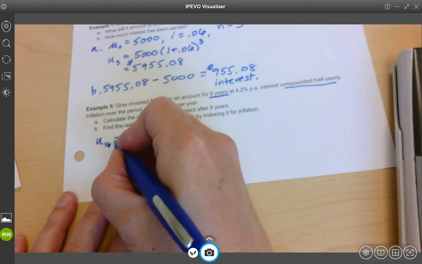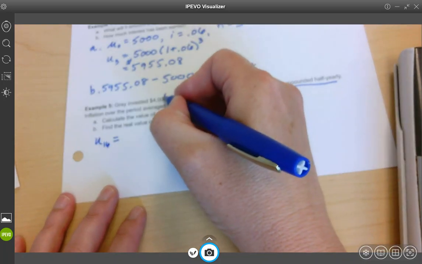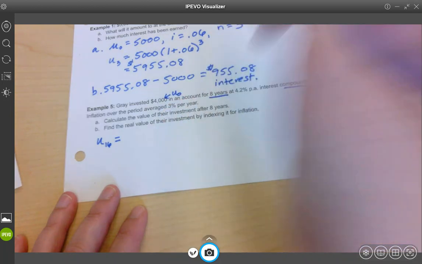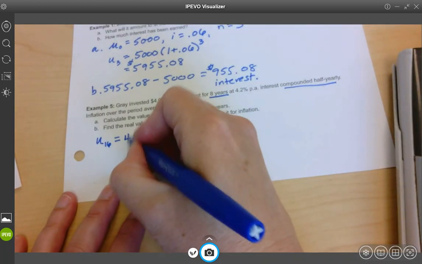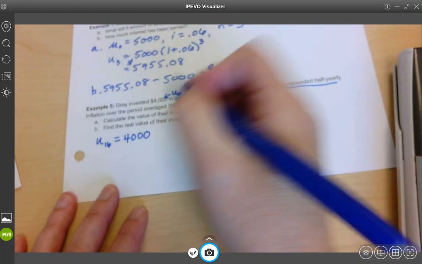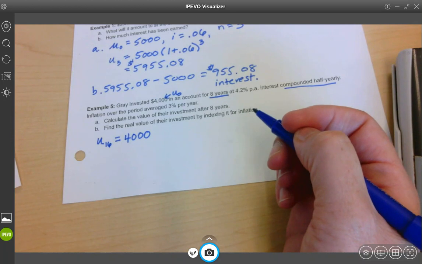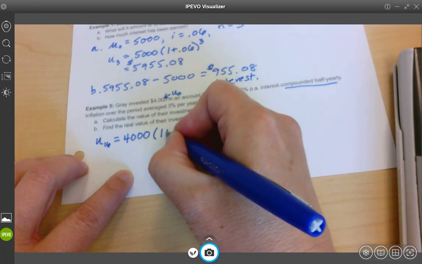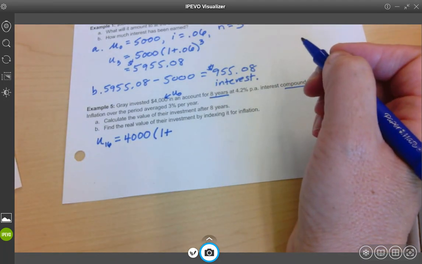All right, then we have to put in the U sub 0. That's how much Gray invested. And that goes here. 4,000. And then 1 plus I. Now, I is not the inflation.